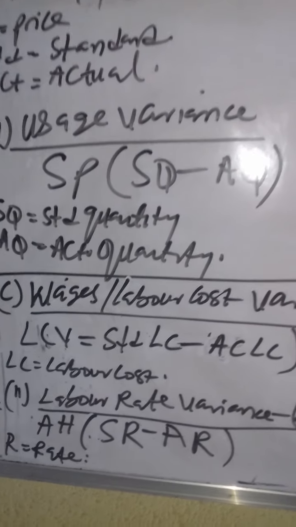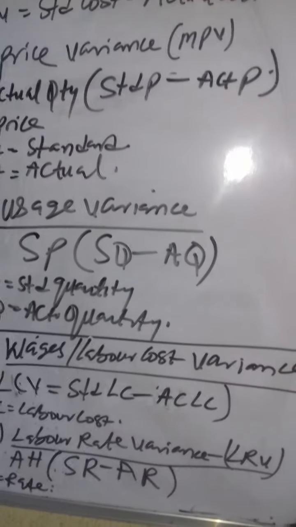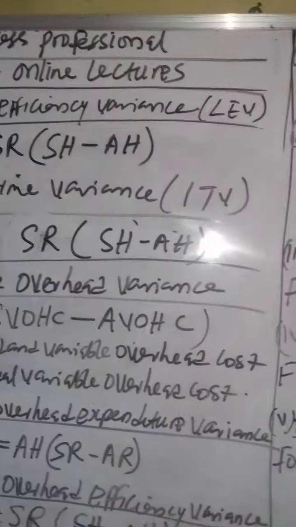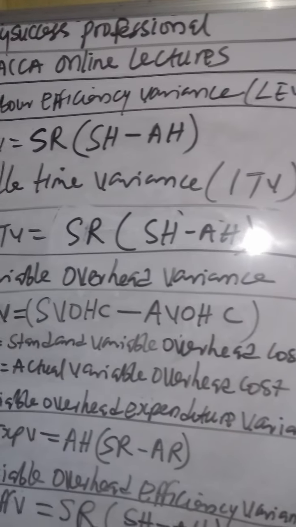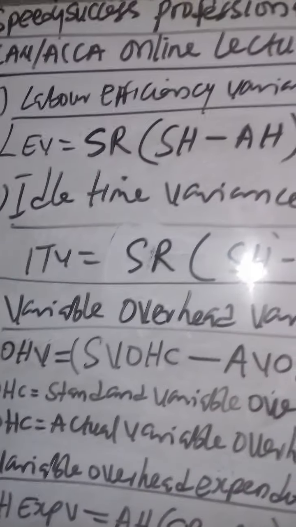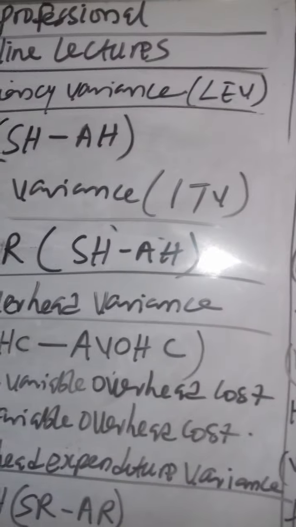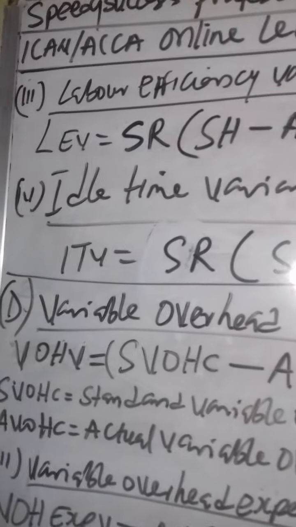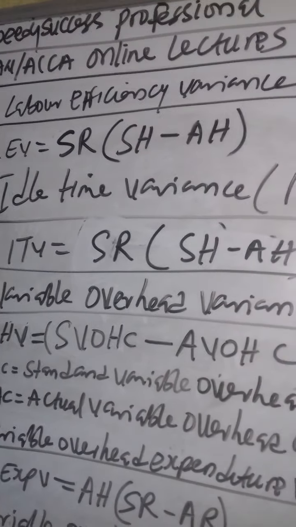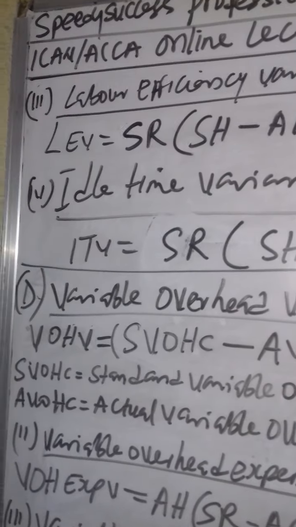That is labor rate variance. Let's look at labor efficiency and idle time. Now we move ahead. The third part of labor variance is labor efficiency variance. How efficient the labor used is also a determinant of performance or productivity of a company.